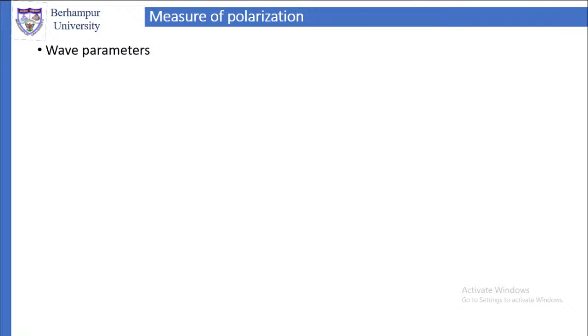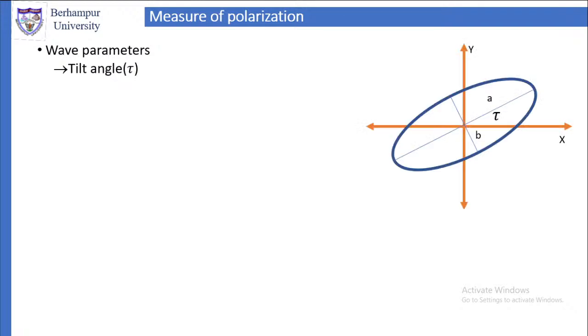Now what are these parameters? The first is the tilt angle, which is the tilt of the major axis with respect to the horizontal axis, or the x-axis. What will be the range of this tilt angle? Look at the figure of this ellipse.